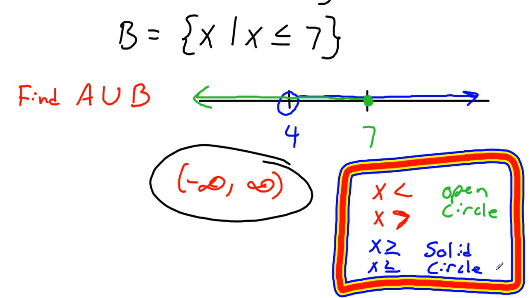Now, that one ties back in with interval notation, that if it's an open circle, you're supposed to be using a parentheses. If it's the solid circle, then you're going to use the square bracket. Because you're going to do basically two things. You're going to graph the points that are here, and at the same time, you're going to take those points and put them back in interval notation.